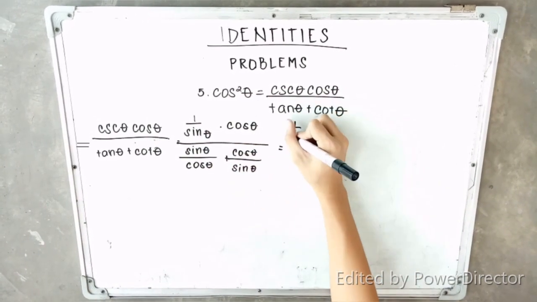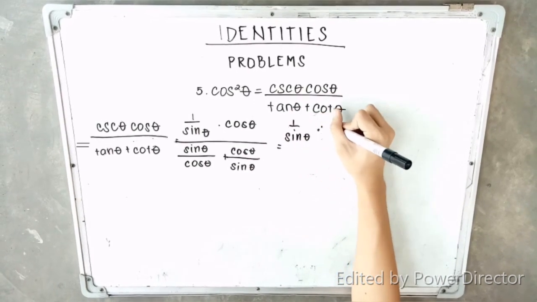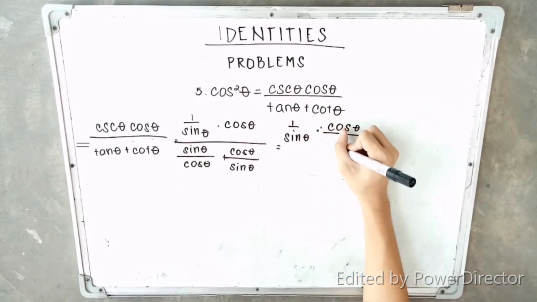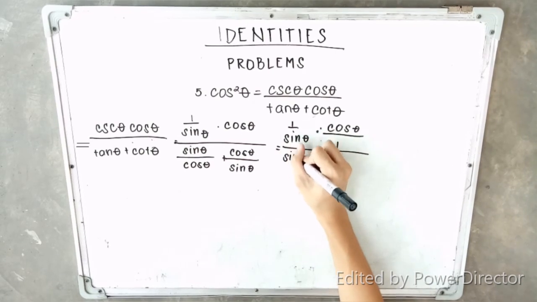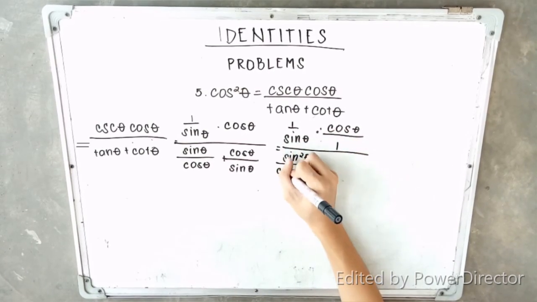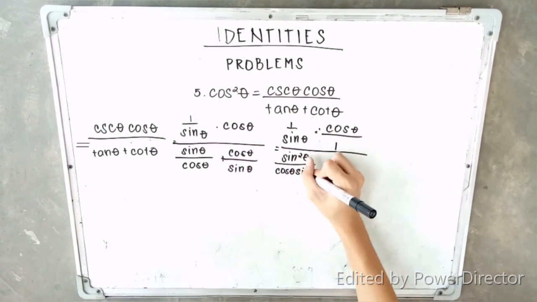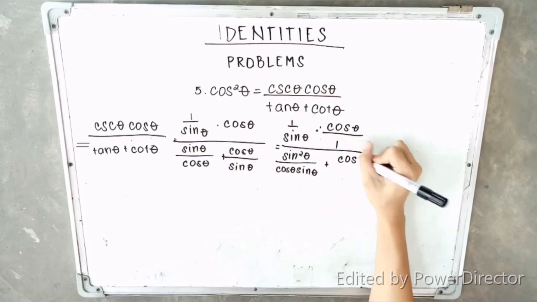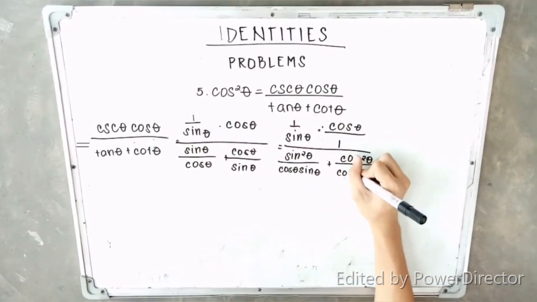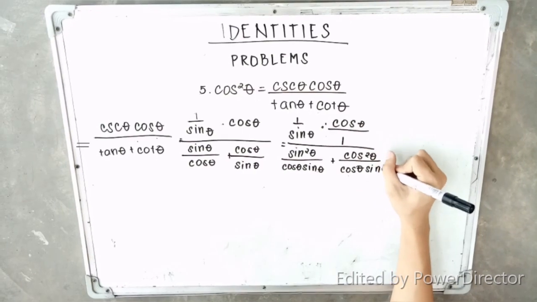We get 1 over sine theta multiplied by cosine theta over 1 divided by sine squared theta over cosine theta sine theta plus cosine squared theta over cosine theta sine theta by butterfly method.